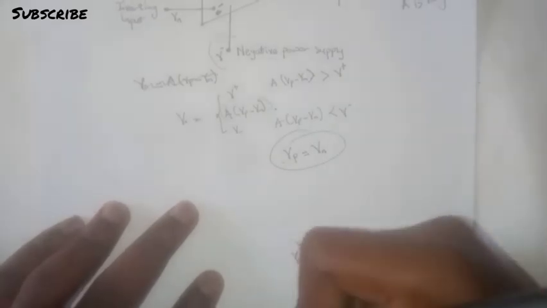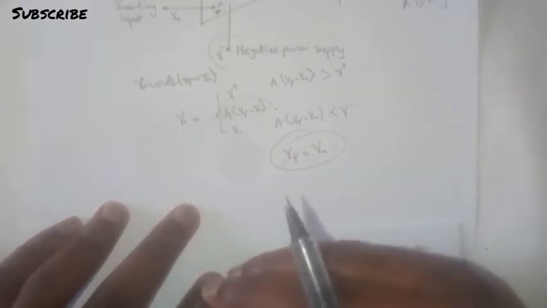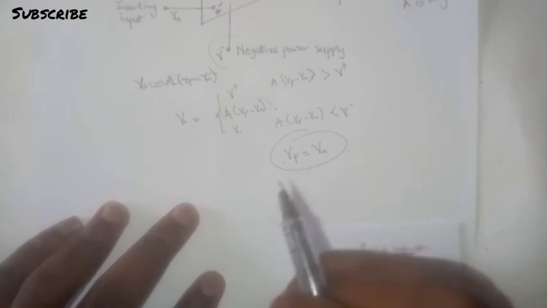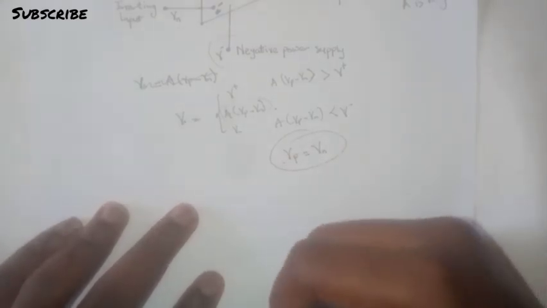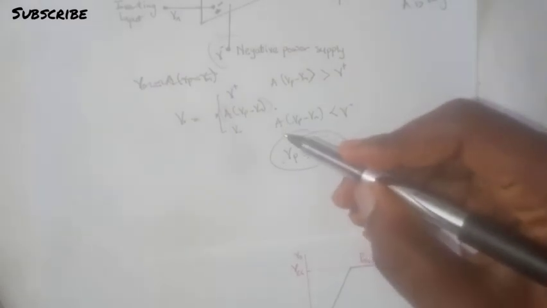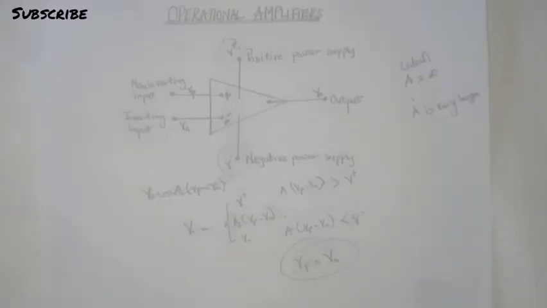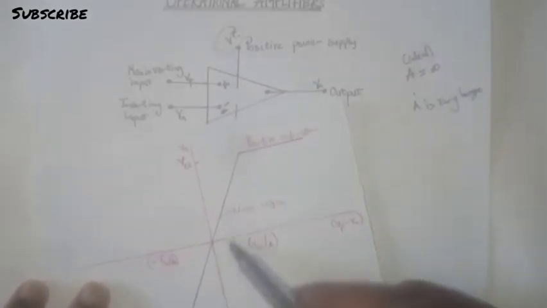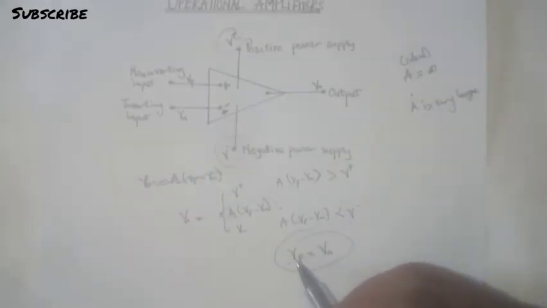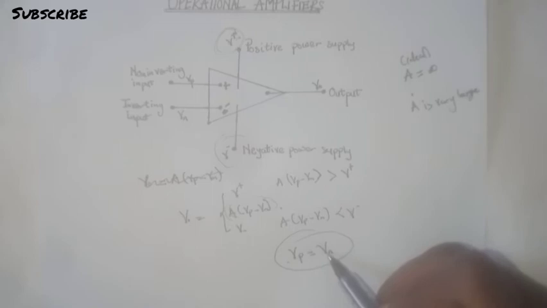But in the case of a practical operational amplifier, the values of Vp and Vn are not far apart. They are very, very close because the gain is large, but it is not infinite. Now we know that if we want to keep an operational amplifier operating in the linear region, we need to make sure Vp is equal to Vn, right?